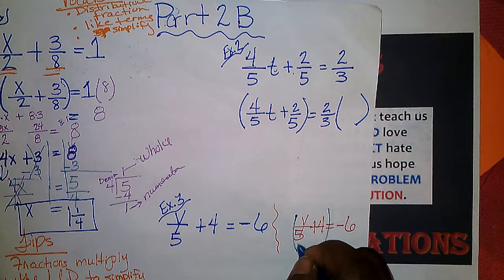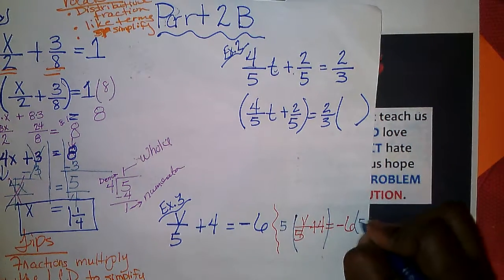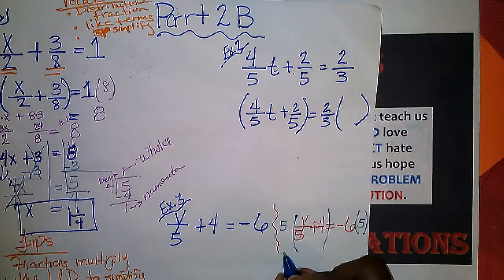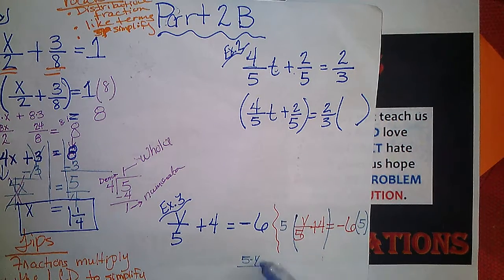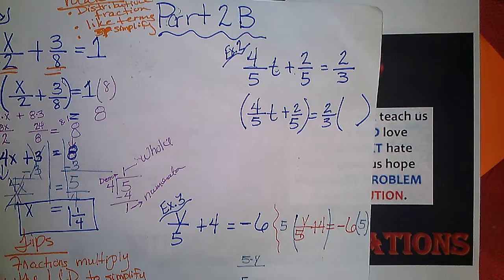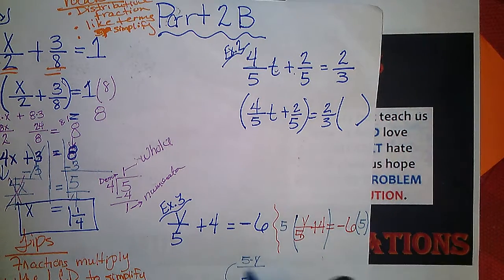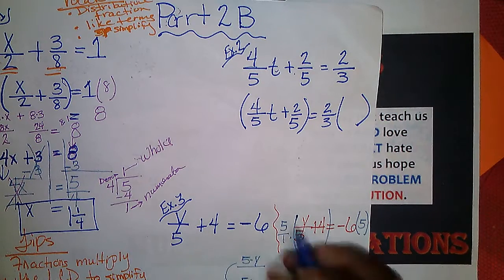So we are going to multiply by 5, and then we'll multiply this side by 5. So once again, we have 5 times y, which gives us 5y. And then we have 5 times 1, which gives us 5.